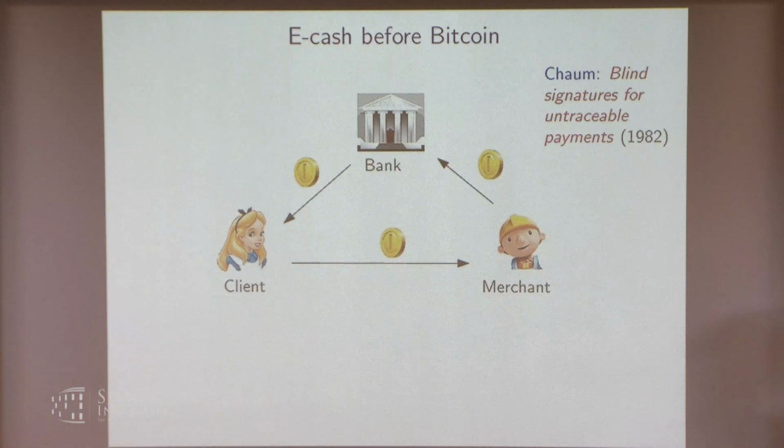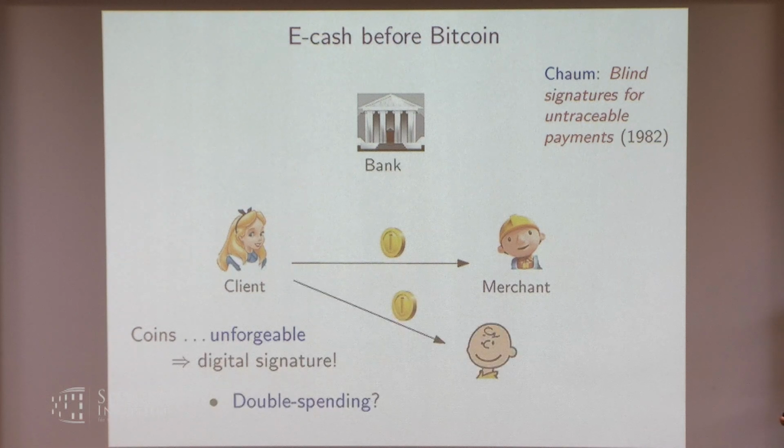So what we want is some digital object that's hard to produce, like physical coins. So using cryptography, we have such a concept, which are digital signatures. The problem with digital signatures, or with any digital object, is that contrary to physical objects, even if they're hard to create, they might be easy to copy.